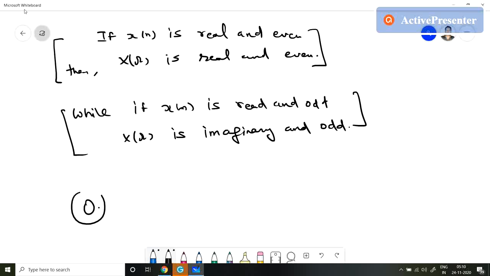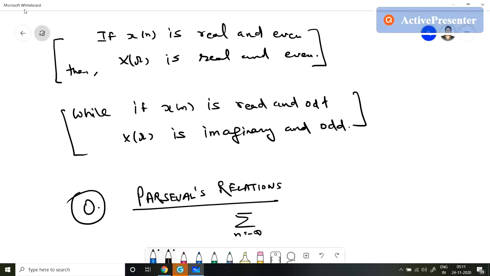The next property is called Parseval's relation. According to this property, the summation over n from minus infinity to plus infinity of x1[n] multiplied by x2[n] is equal to 1 divided by 2π times the integral of x1(Ω) x2(−Ω) dΩ.